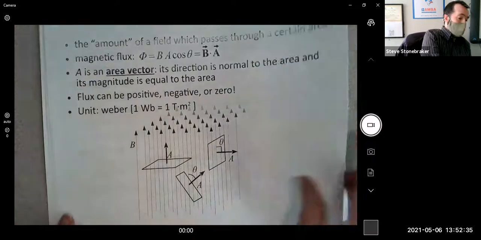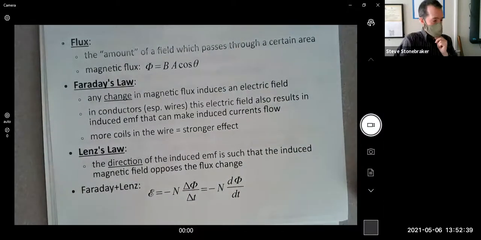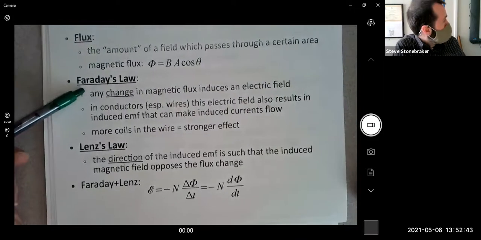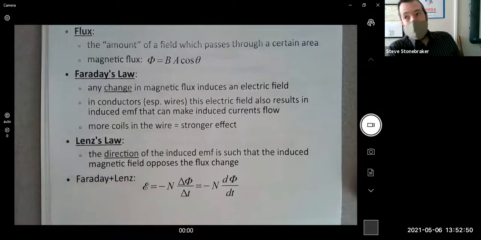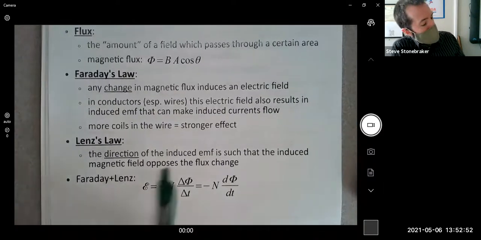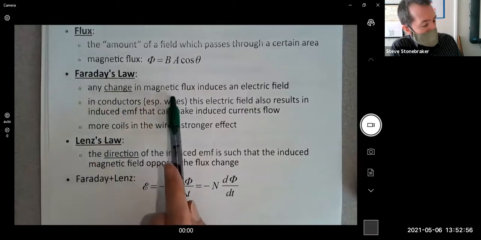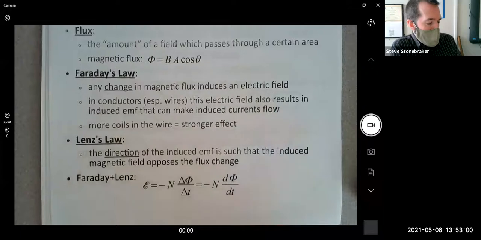So that idea that it's about changes in flux is Faraday's law. Faraday's law says that within any area that you think of, we usually only care about the areas for coils of wire, but for any area, if there is a change in the magnetic flux, that induces an electric field.